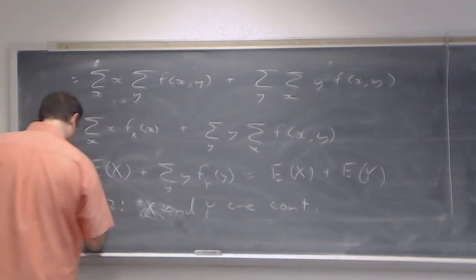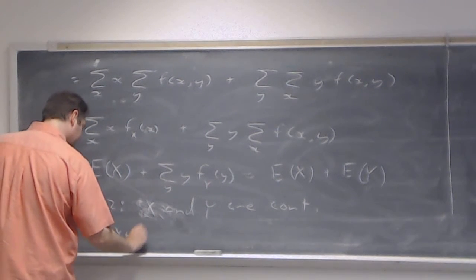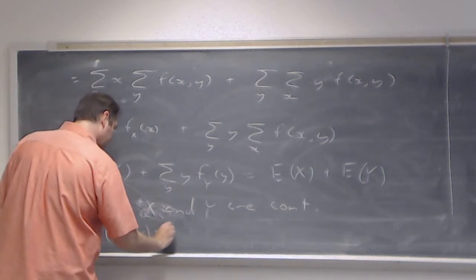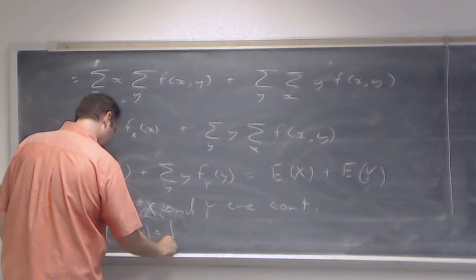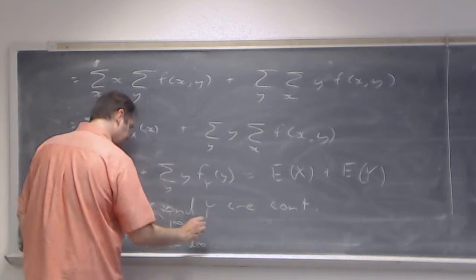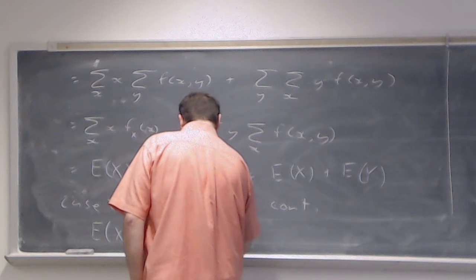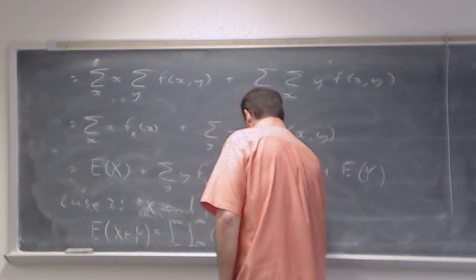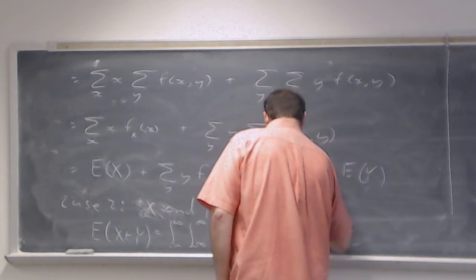So the expected value of x plus y works analogously, except with integrals, to what I just did. This is the integral from minus infinity to infinity, minus infinity to infinity, of x plus y times the joint PDF f of x comma y dx dy.